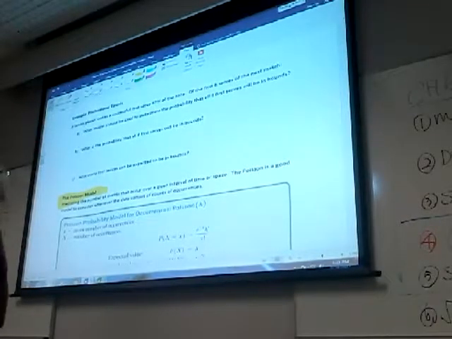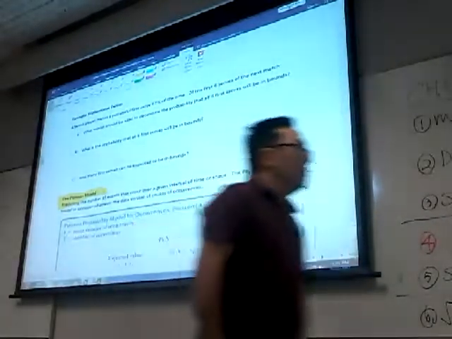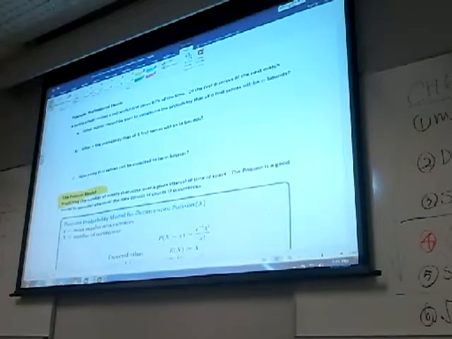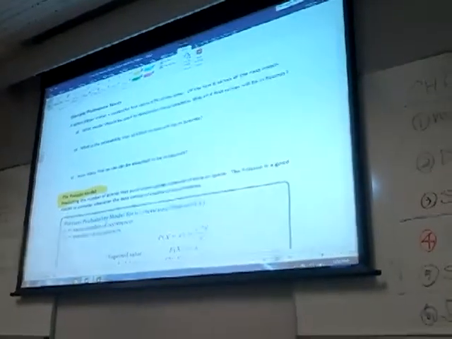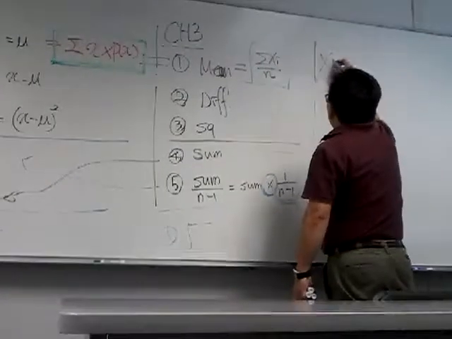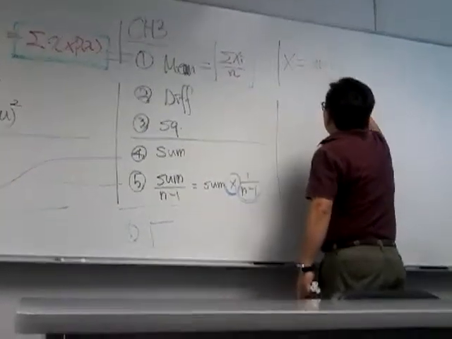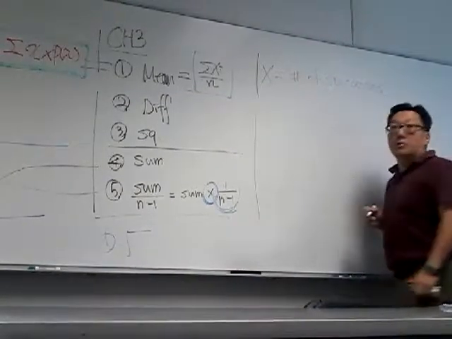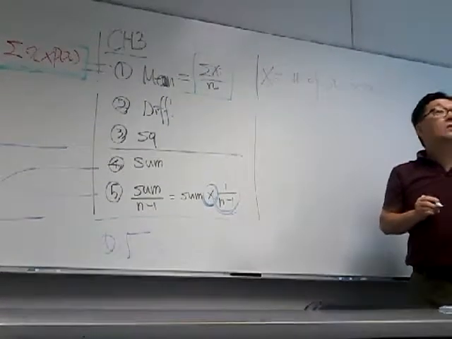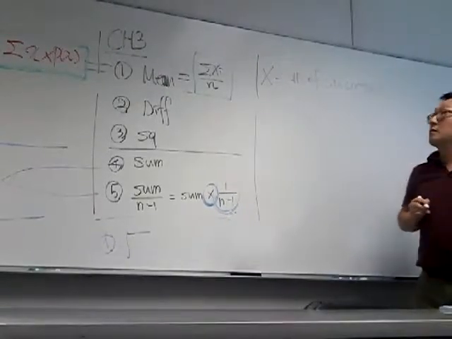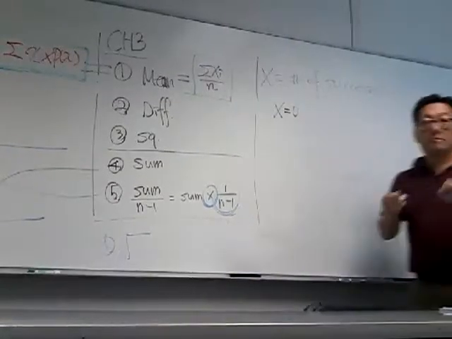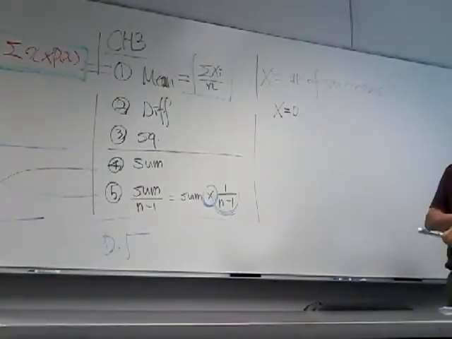Now let me take a random variable. It's the number of successes out of 6. What does it mean when X equals 0?